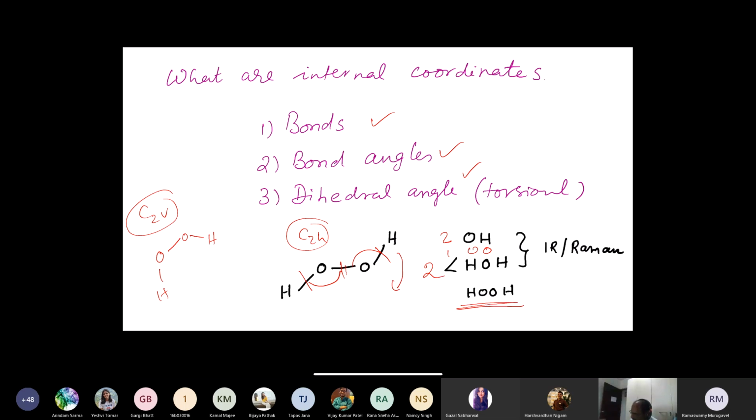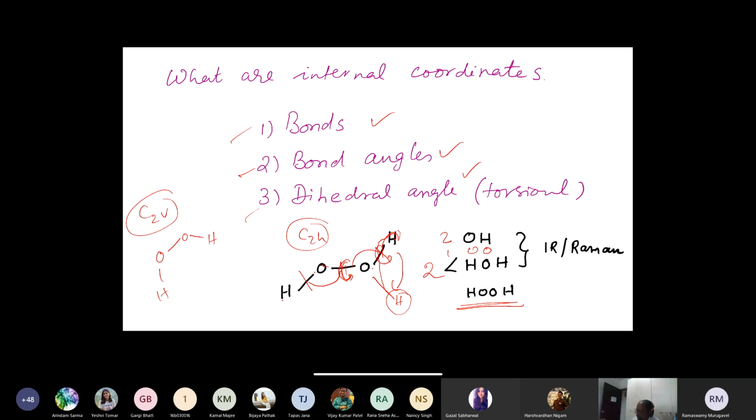Okay, torsional or a dihedral angle. That means if you take this and then rotate this bond and bring it around this bond, I rotate this bond and bring it all the way down and put it here, that's my cis. Okay, so my internal coordinates are nothing but bonds, bond angles, dihedral angles. This is just to explain what internal coordinates are.